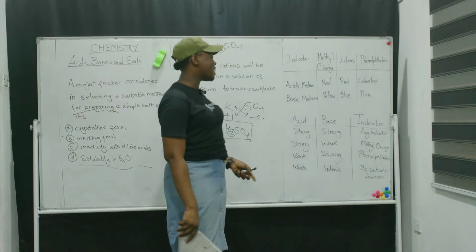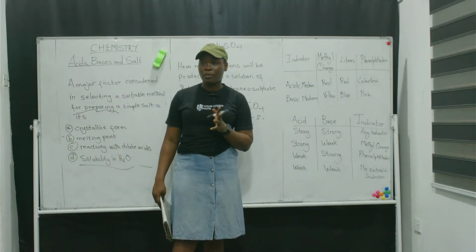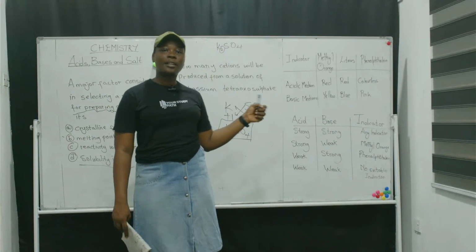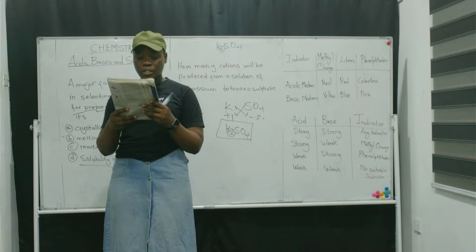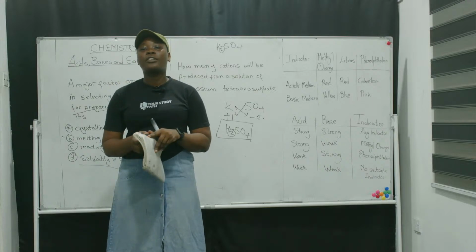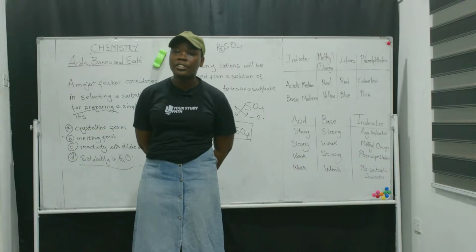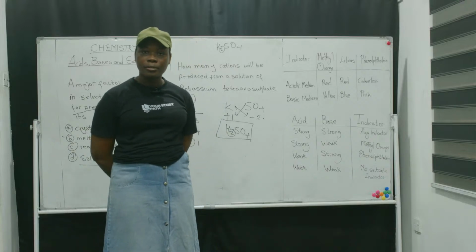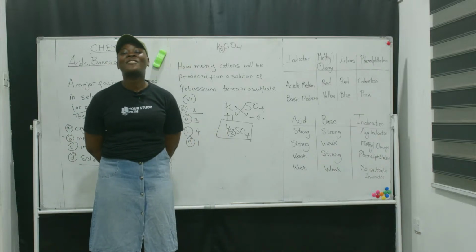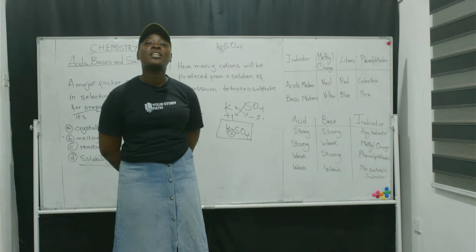Please, let's learn this table. We've already seen about 3 questions under that. Please let's take our time to consider this table. The question is, what's the color of methyl orange in alkaline medium? It is yellow. The color of methyl orange in acidic medium is red. The color of litmus paper in acidic medium is red.